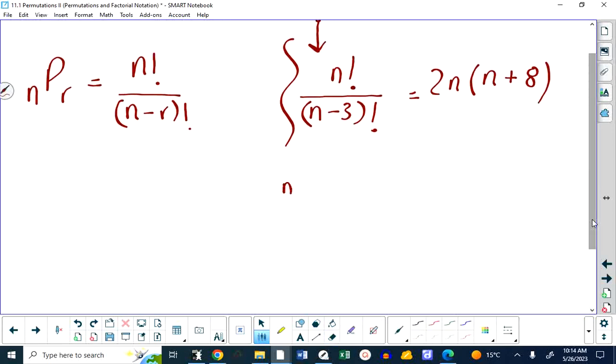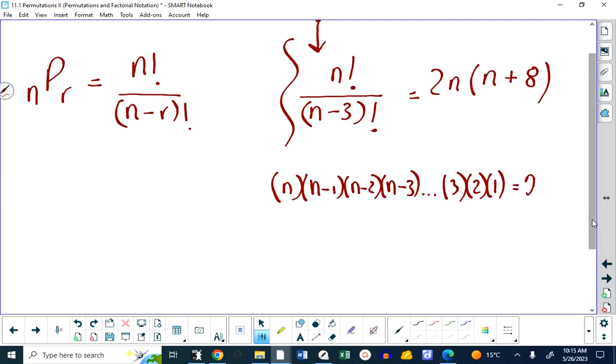So we're going to have n times n minus 1 times n minus 2 times n minus 3 times 3 times 2 times 1 is equal to, I don't see any reason why we can't just multiply this through right now. So 2n times n is 2n squared. 2n times 8 is 16n. This is, of course, over n minus 3 factorial.